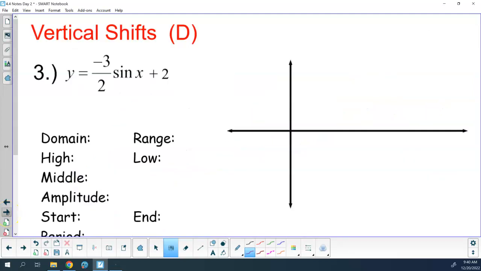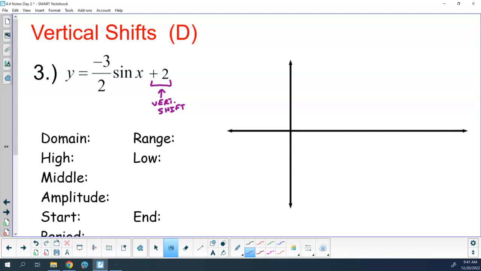So for instance, this one. On this one, I know that this here is my D, my vertical shift, because it's not in a set of parentheses. If it was x plus 2 in a set of parentheses, then that's not D. It's got to be outside afterwards.